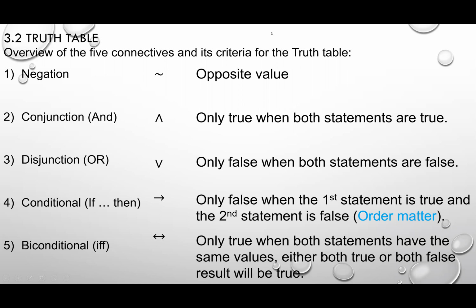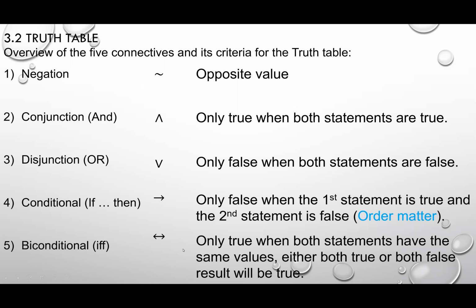There's no way out of chapter 3 without knowing the symbolic. These are the 5 and only 5 symbolic that you have: the negation, the conjunction, the disjunction, the conditional, and the biconditional statement. Once you know their names and their symbolic, you have to know the criteria of the truth table.